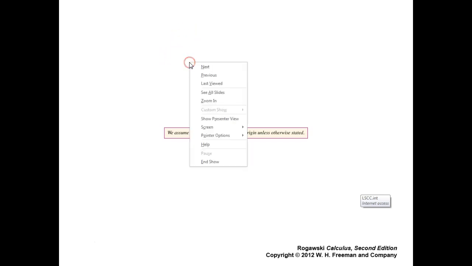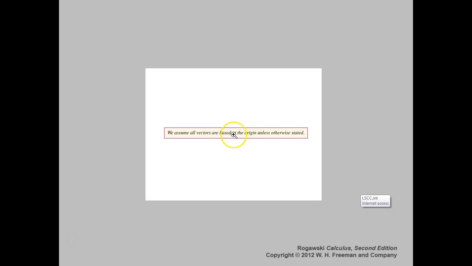Okay. Here's a little statement here. I don't see it in our text, but it's worth noting. Sorry, I'm having a hard time breathing.